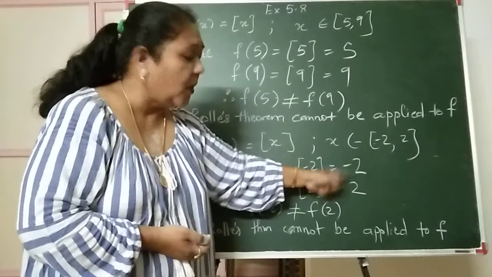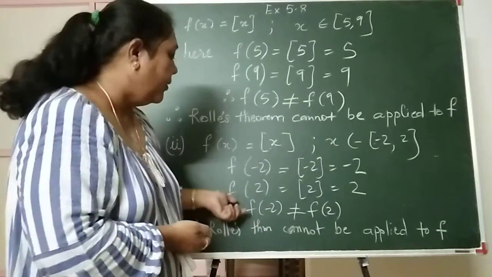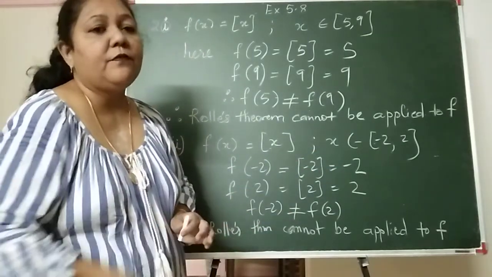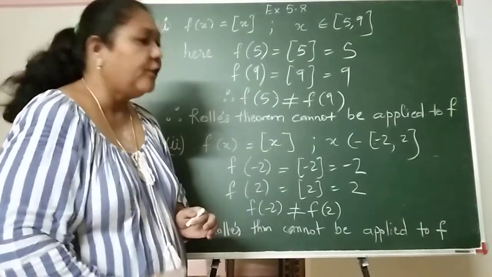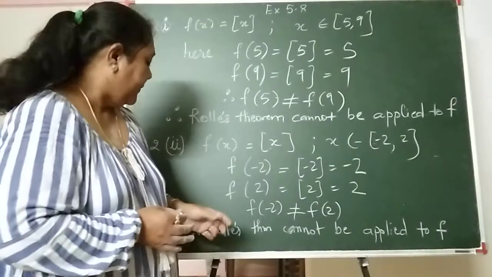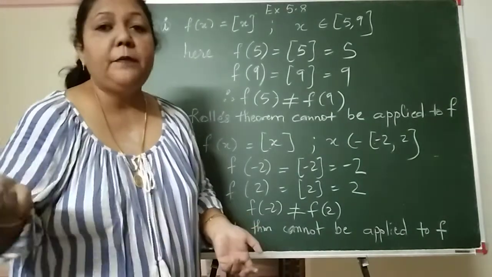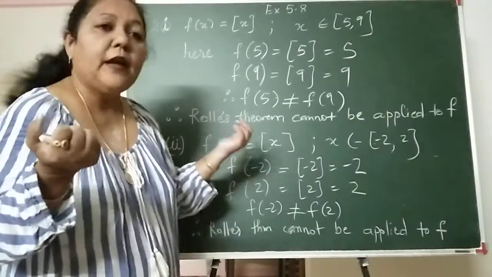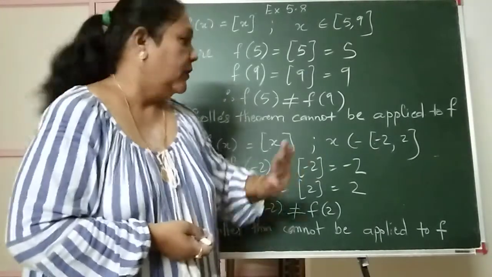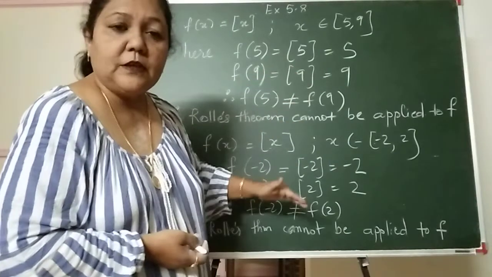But minus 2 is not equal to plus 2, and therefore f of minus 2 is not equal to f of 2. And therefore Rolle's theorem cannot be applied to f, and so it is not applied in the second question also, third question also.